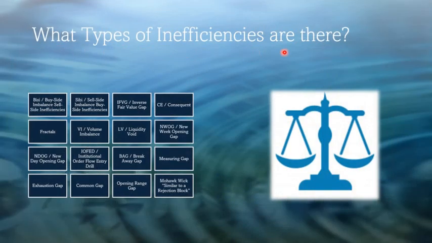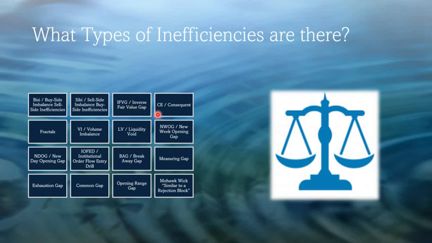Now, what types of inefficiencies are there? We have, obviously, the main ones that I have taught you earlier on in this mentorship. We have our BISI, also known as our buy-side imbalance, sell-side inefficiencies. We have our SIBIs, also known as our sell-side imbalance, buy-side inefficiencies. We have our inverse fair value gaps, which is an IFVG.